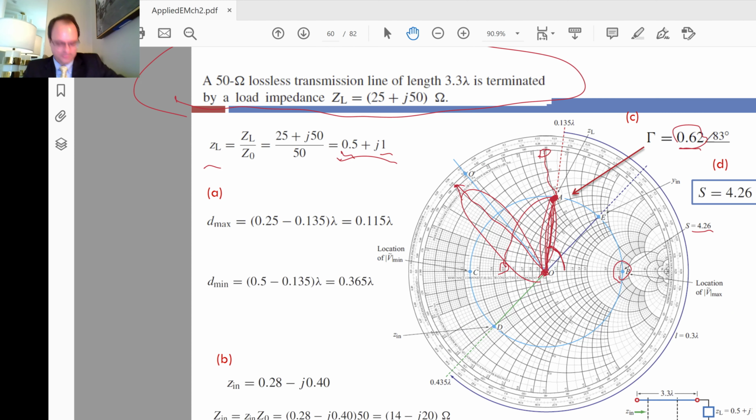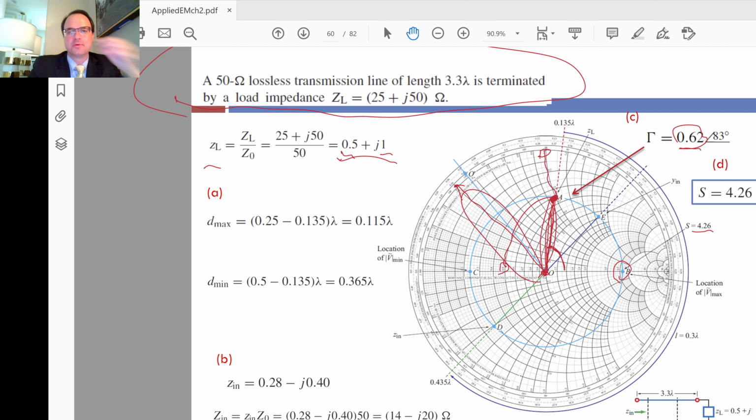Let's see what C is. The first part of C is the distance of the first voltage maximum, and the second thing they want is the distance to the first voltage minimum, both from the load.